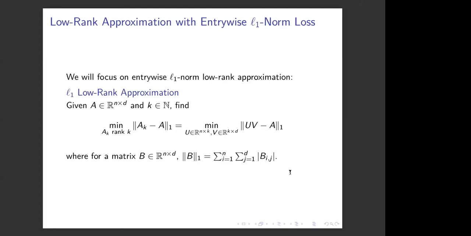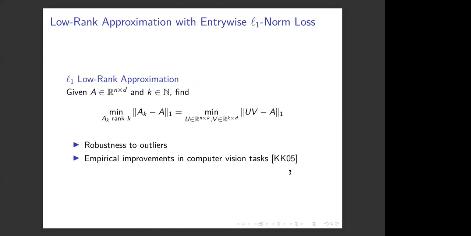So why are we studying this problem? The key benefit of this objective compared to the Frobenius norm objective is that it's robust to outliers.